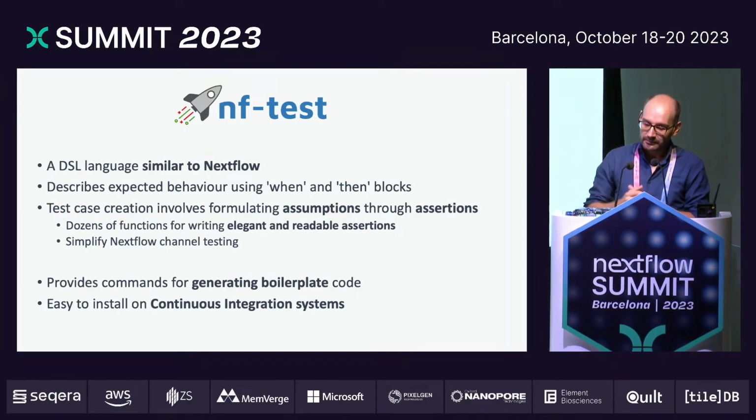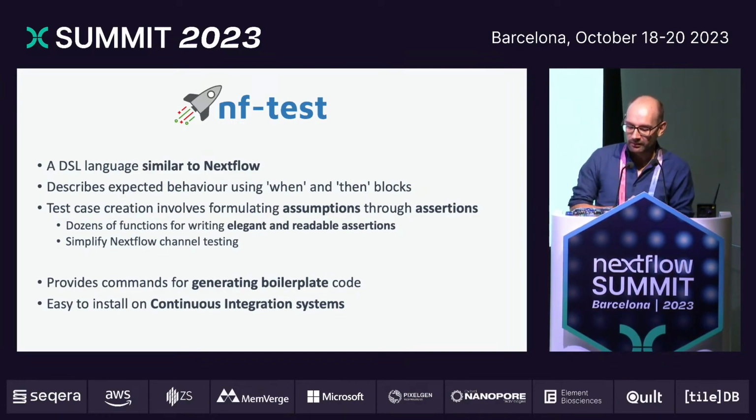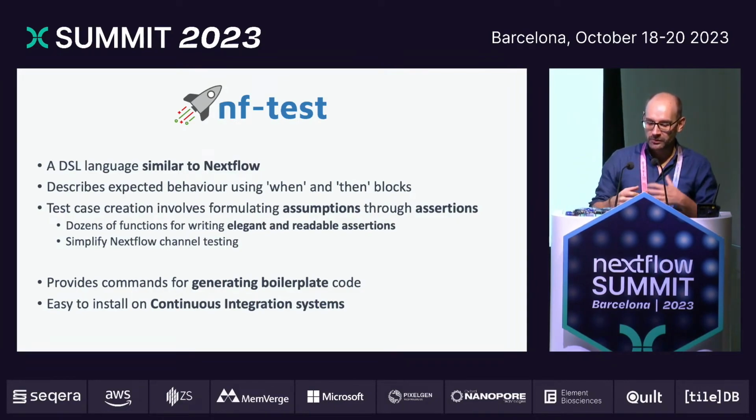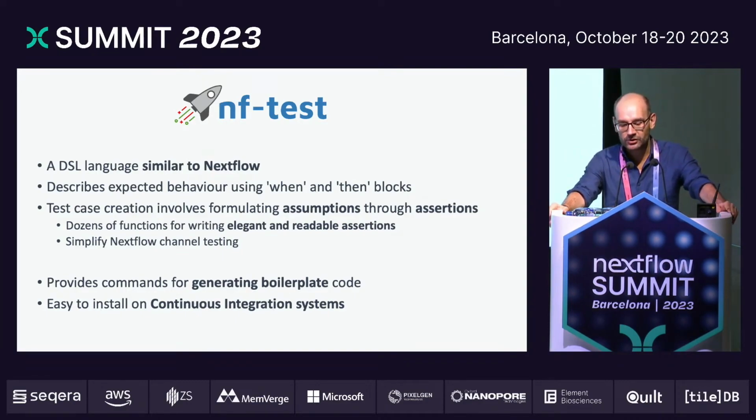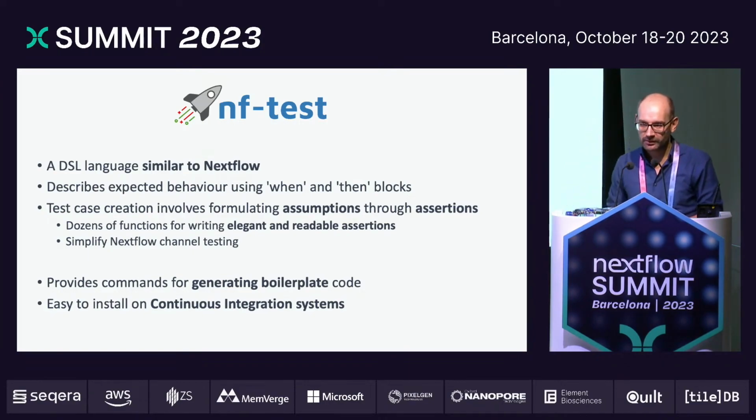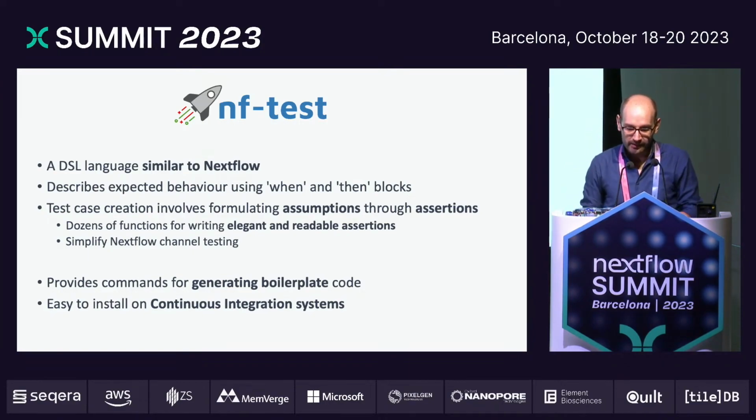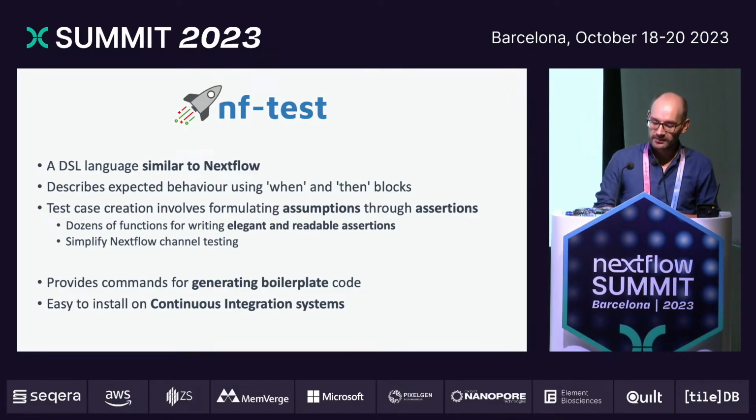Then we can use different assertions to formulate our assumptions of the pipeline. NF-test provides dozens of functions with the aim that we can write small, elegant, and readable assertions. NF-test also simplifies handling Nextflow channel testing and all the Nextflow-specific tasks.